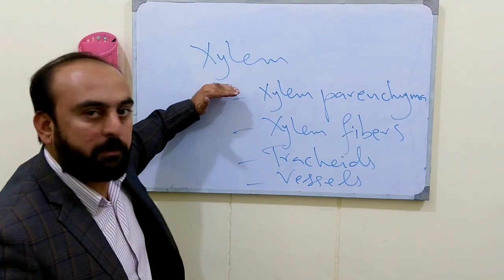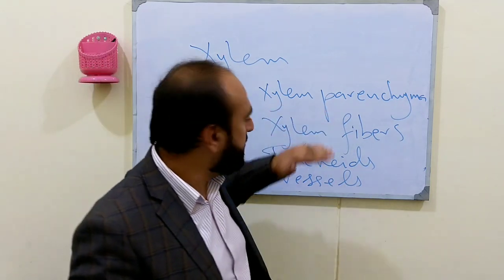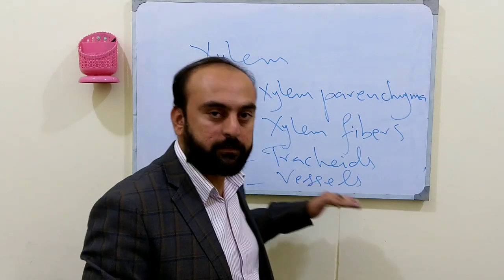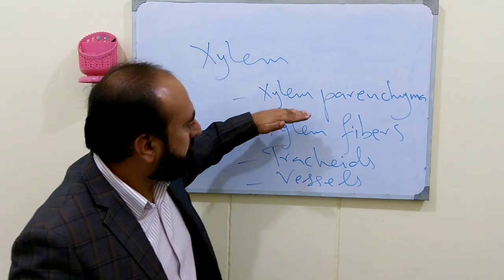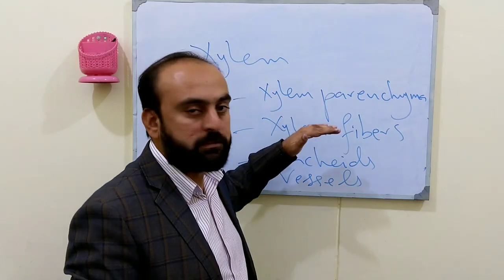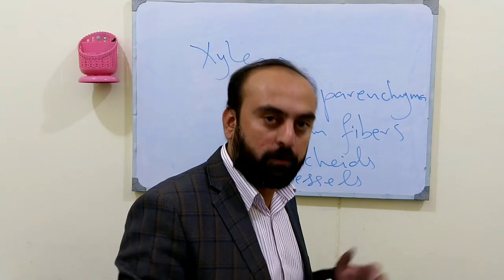So this complex permanent tissue xylem is made up of 4 types of cells: xylem parenchyma cells, xylem fibers, xylem tracheids and xylem vessels. Xylem parenchyma cells, their main purpose is storage of food and sideways conduction of water.